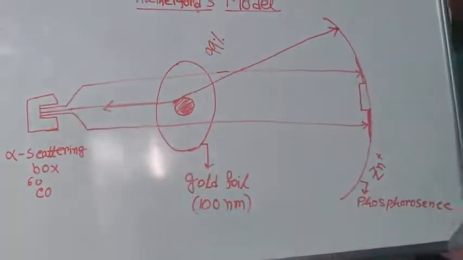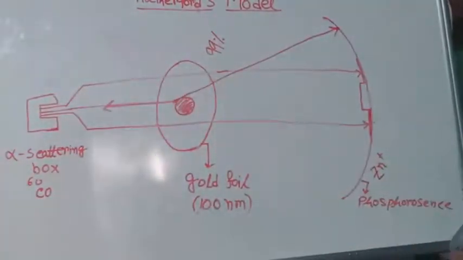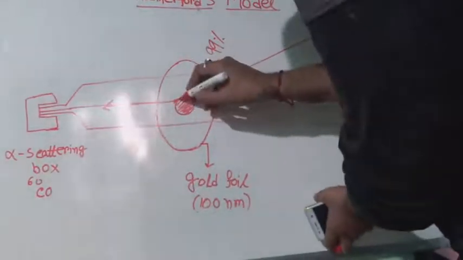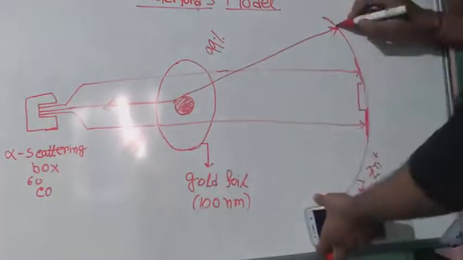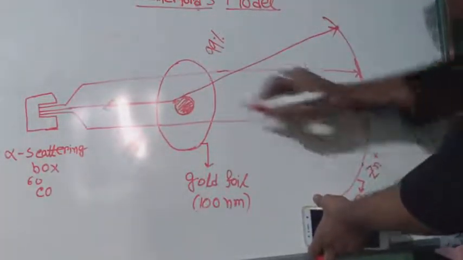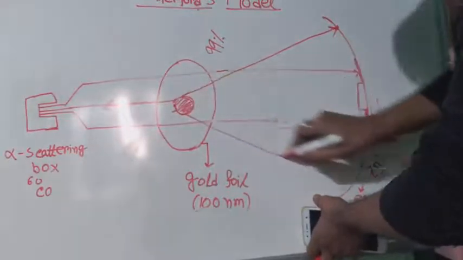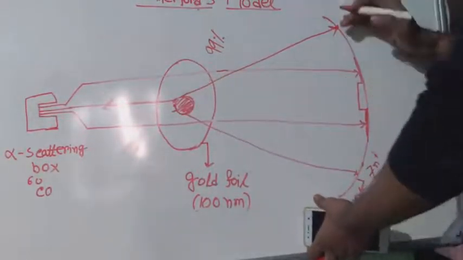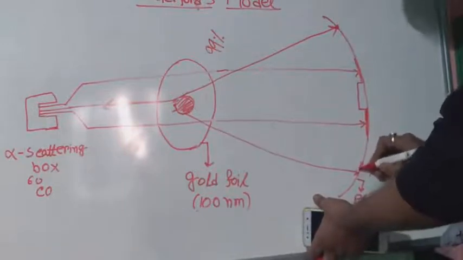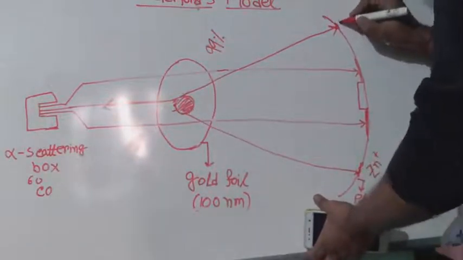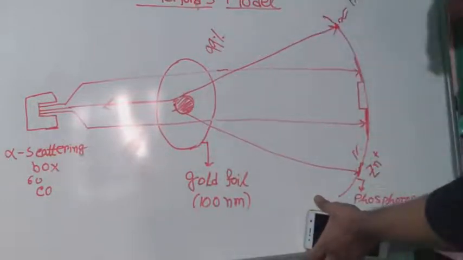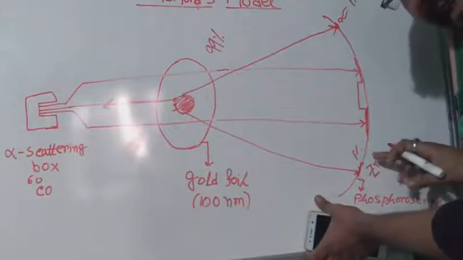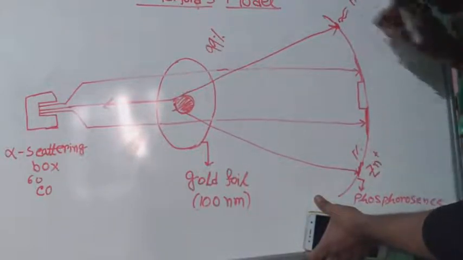But if the alpha particles pass near the nucleus or the center of the gold foil, then some of the alpha particles are scattered and scattering light is observed from this place, above the screen or below the screen. On this side scattering light is also observed, but this quantity is 1%, because a lesser amount of scattering light is observed above or below the screen.